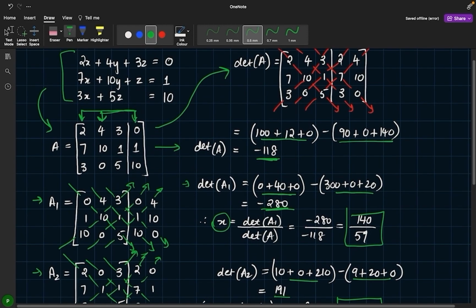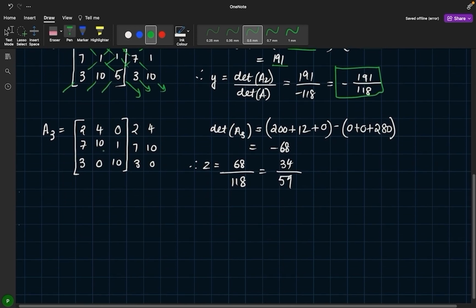How do we do A3? Well, take the resultant column, replace it with the third column. And we've done that here, 2, 7, 3, 4, 10, and 0, 1, 10.